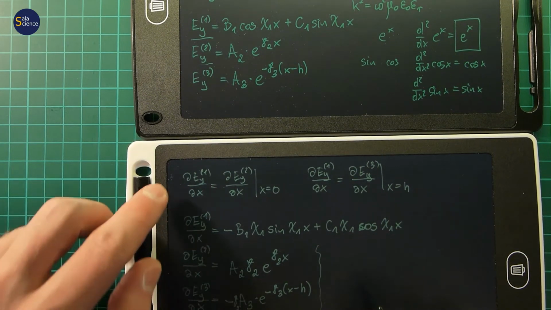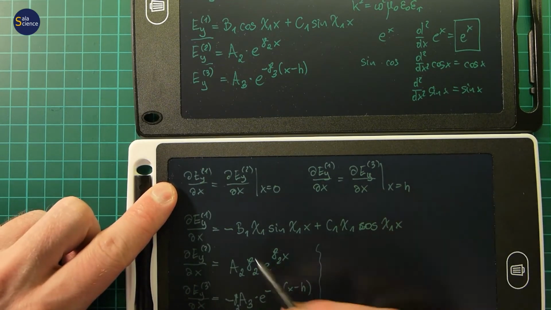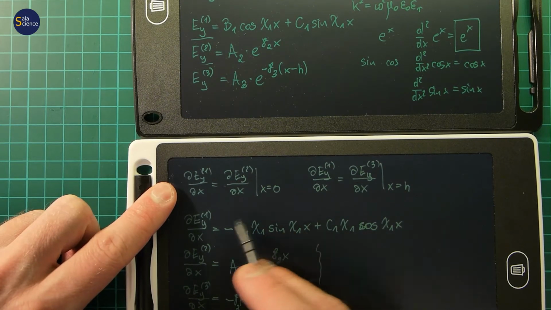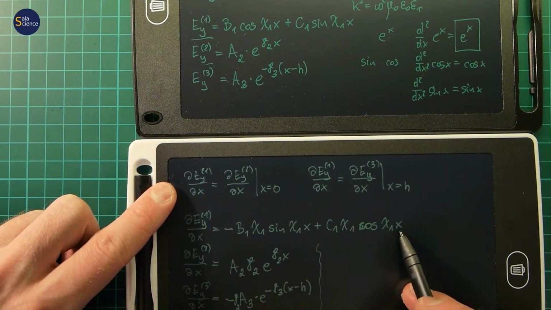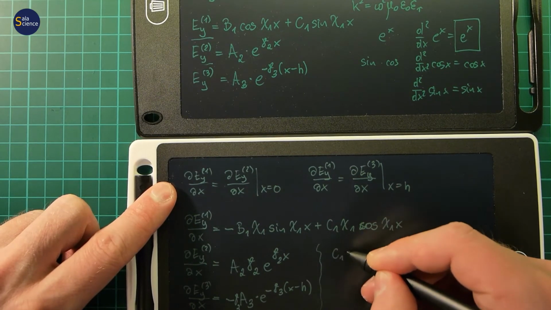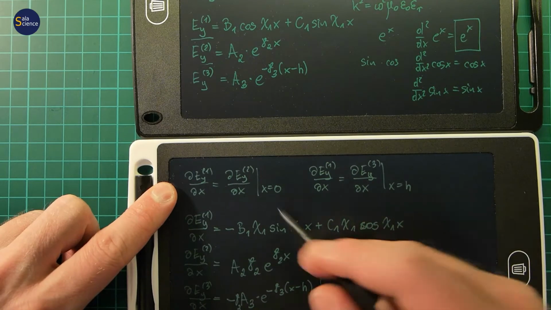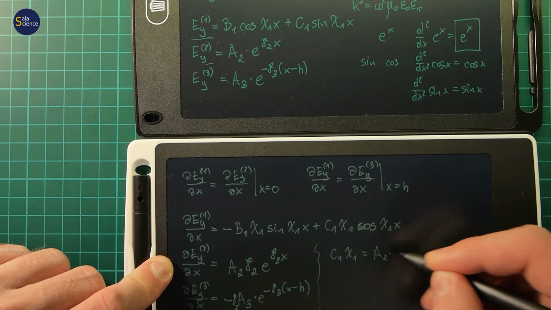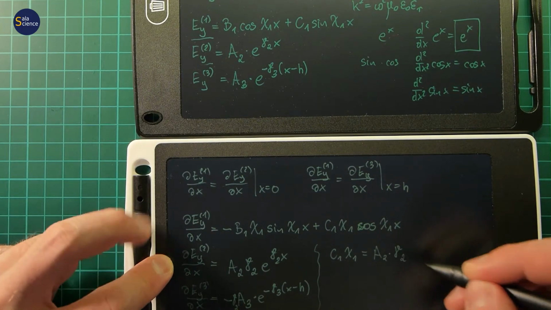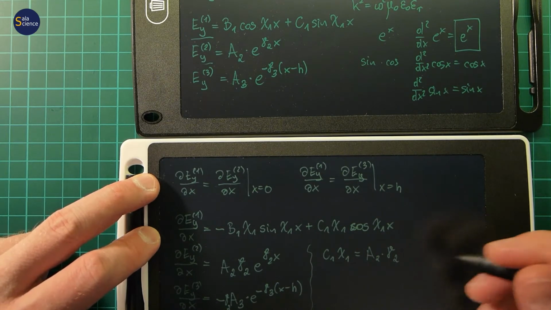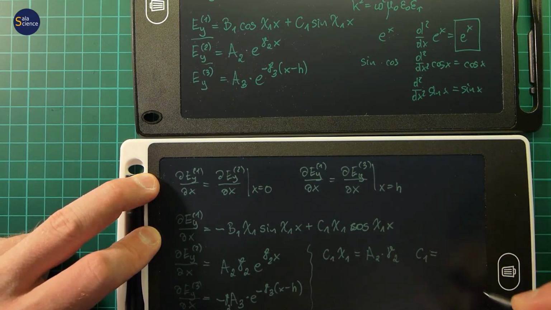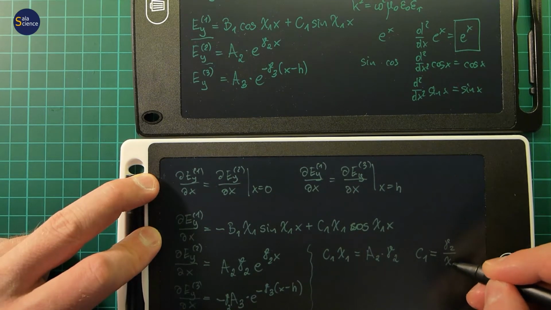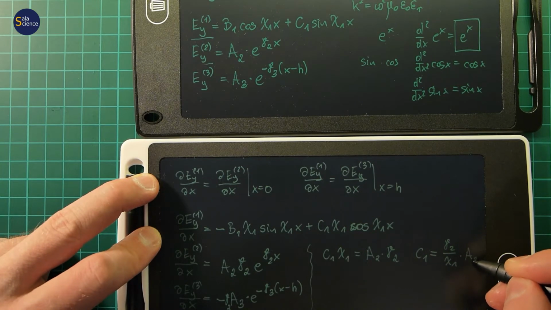So let's take the first one. For x equal to 0, we have sine 0, so this is 0, and cosine 0, this is 1, so c1 chi1 must be equal to the second region for 0, this is 1, so this is a2 times gamma 2. From this I can calculate constant c1, which is gamma 2 over chi1 times a2.